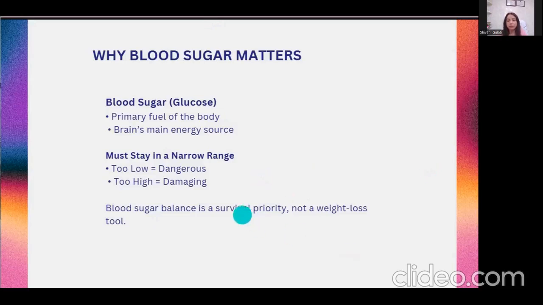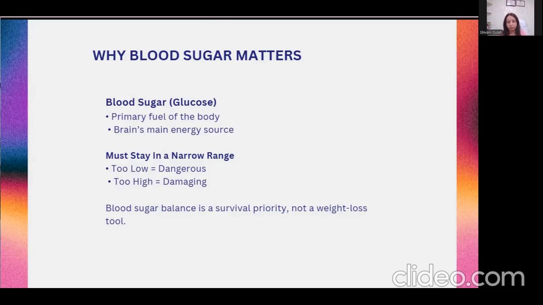Okay, and this is a critical concept because blood sugar must stay within a normal range. In case there are fluctuations, if the sugar goes too low, the person can become dizzy, confused, sweaty or shaky, and even fainting can happen.